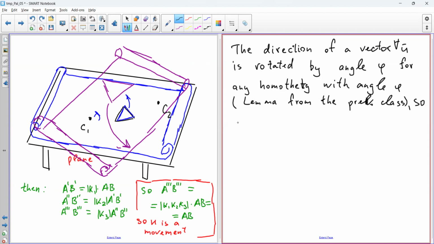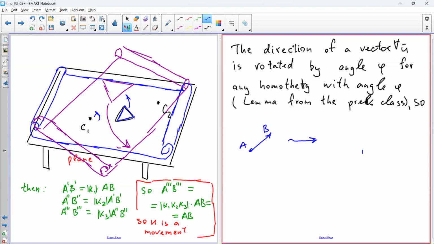So what can we say then? For any vector, say AB again, it would be transformed to some other position, maybe in some other place of the plane, right?